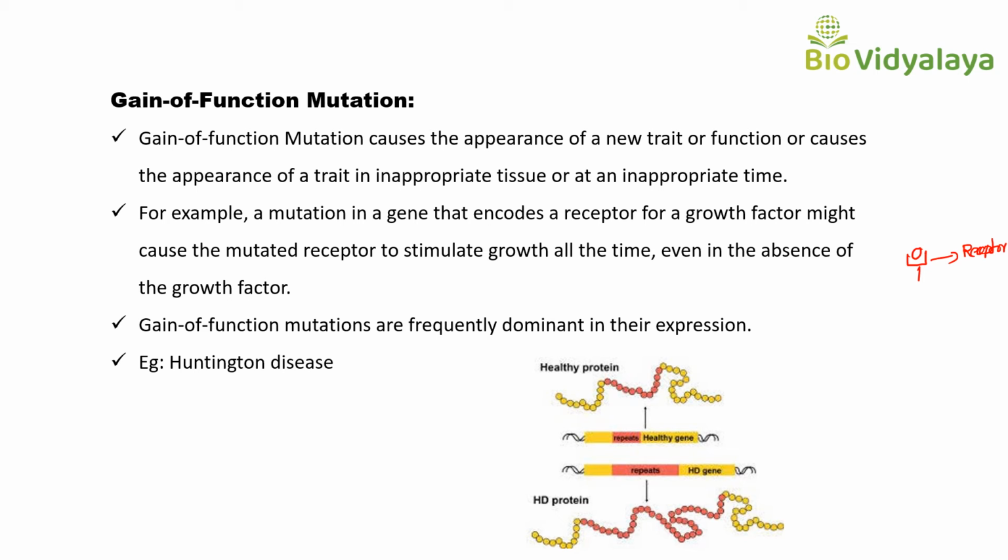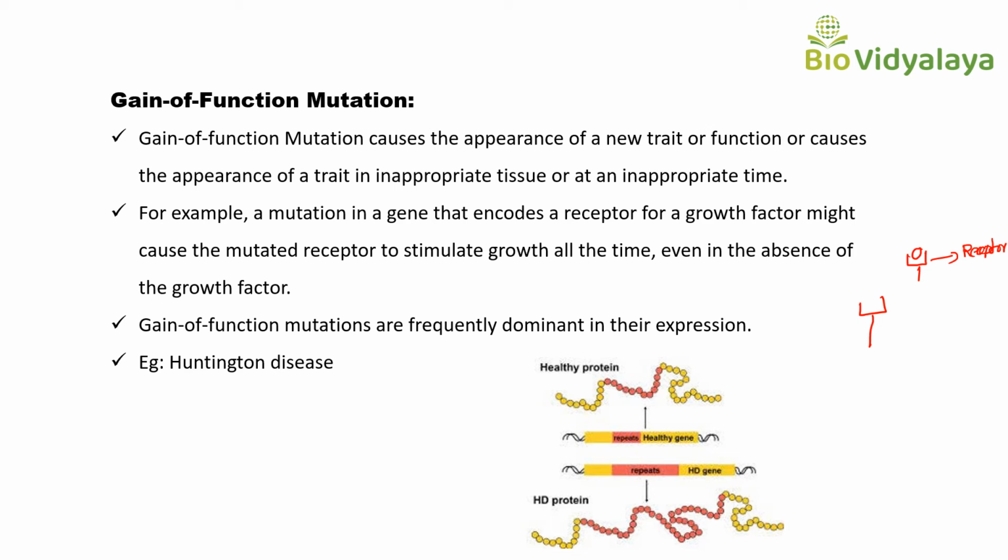That will lead to cell growth, cell reproduction and cell regeneration all the time, even in the absence of growth factor. Isn't it? That is called gain of function mutation.